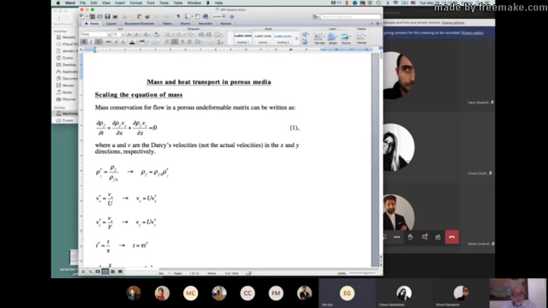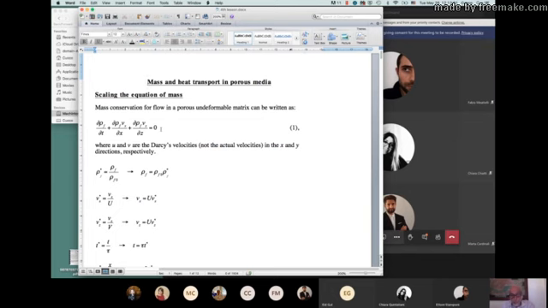Conservation of mass. I'm writing it only in 2 dimensions because the x direction and the y direction, the two horizontal directions, are approximately equal in the scaling, and the reason is that both are horizontal.